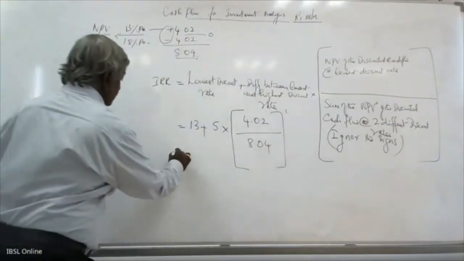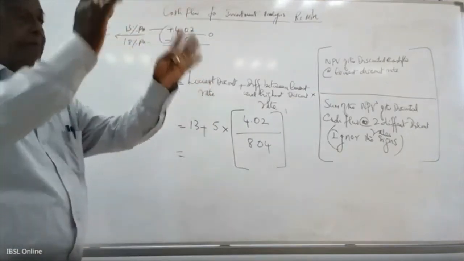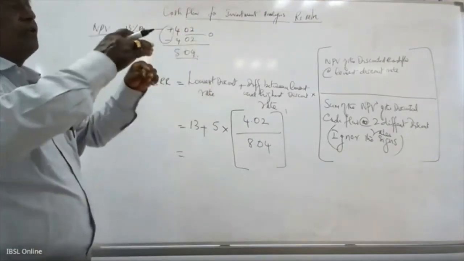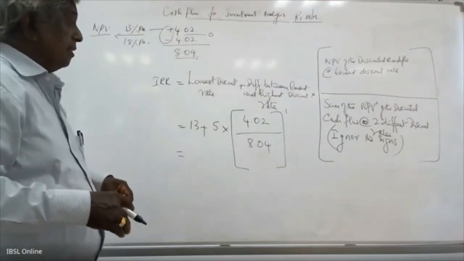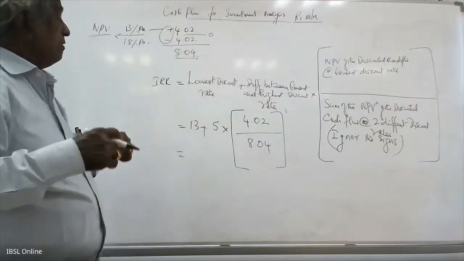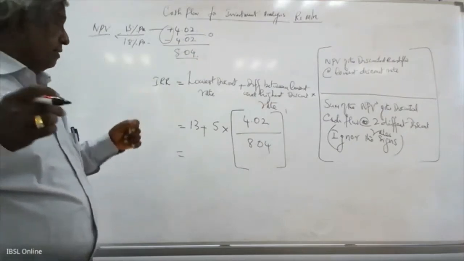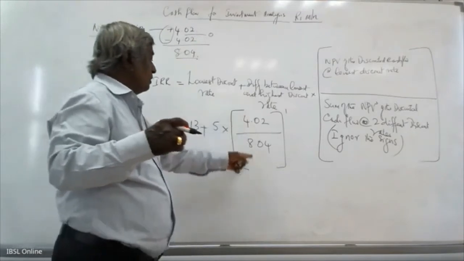Now, simple mathematics: within the bracket first, then you do the multiplication, then the division, and only then the addition and the subtraction. So here, first you do this one.